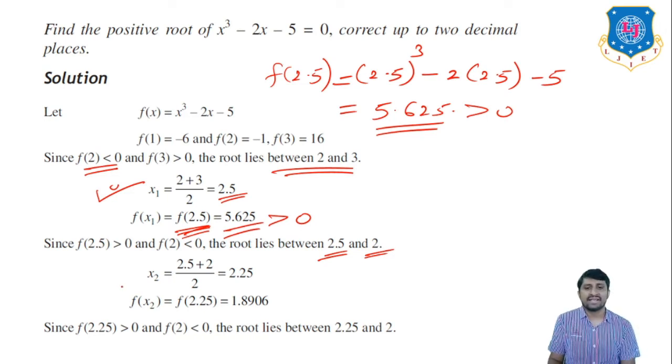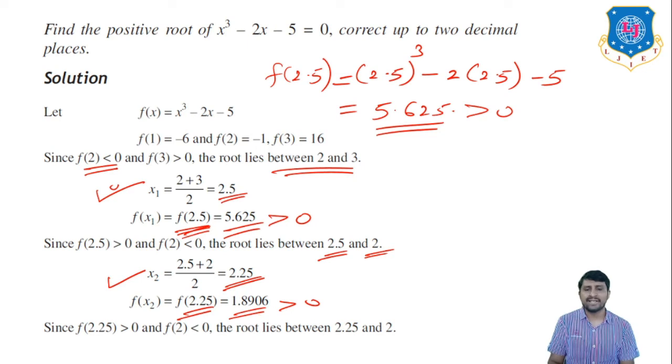So the next approximation is (2.5 plus 2) divided by 2, so 2.25. Now again find f of 2.25. That is 2.25 whole cube minus 2 into 2.25 minus 5.